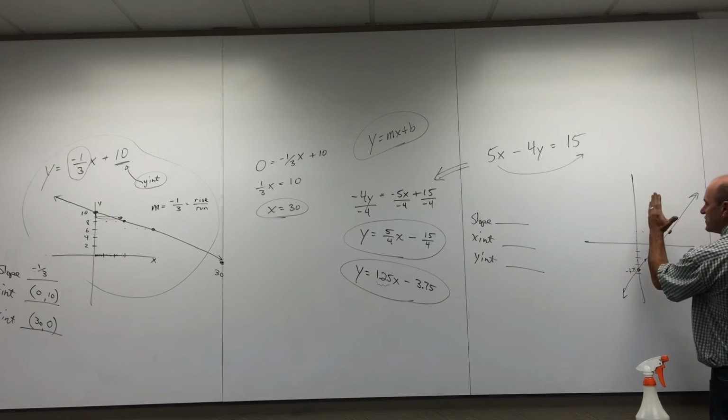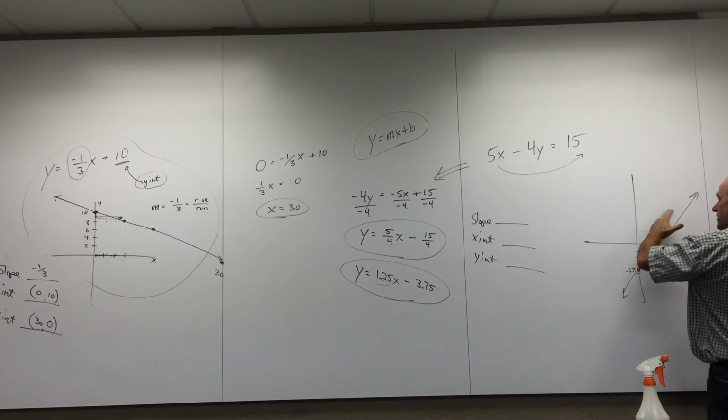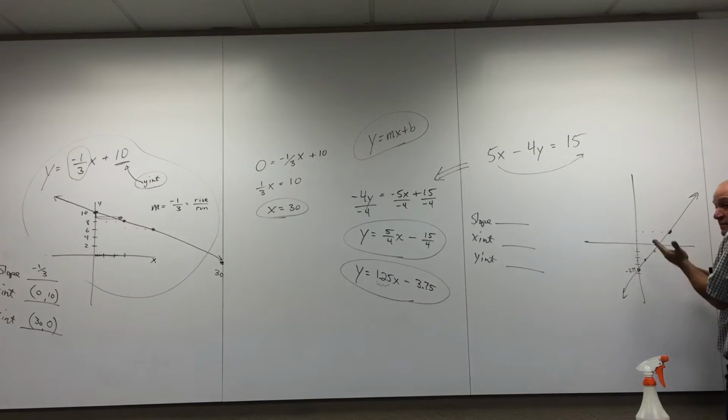If you made it too steep or too shallow, that has to do with the slope going up 5 and over 4. We've got an accurate slope here. Not too harsh on you, but if it's crazily too steep, it might cost you a point or something. Any other questions at all?